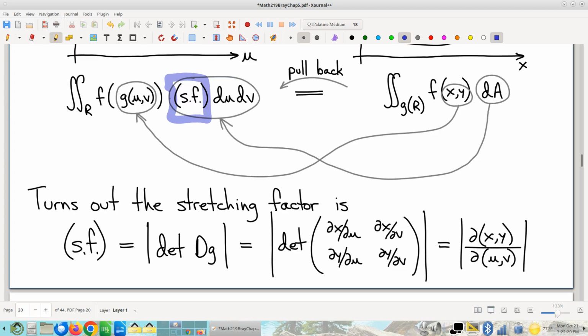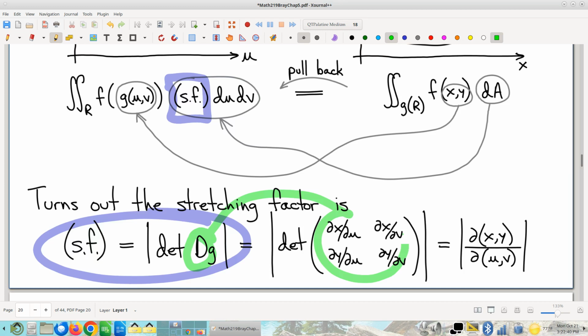The claim is that the stretching factor is this formula right here. It's the absolute value of the determinant of the derivative matrix for your change of variables function. That's the formula. All right. Now, quick reminder, don't forget the derivative matrix is this matrix of partial derivatives right there.